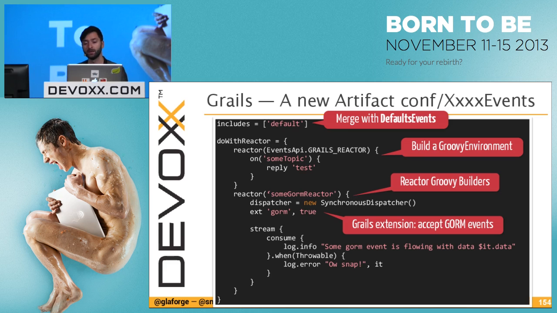There is also an extension to enable your Reactor to accept GORM events. By default, your Reactor is not going to react on GORM events. That means if you listen for after insert, after delete, after update, you won't see these events working. In fact, by default, you have to enable it by using gorm true.